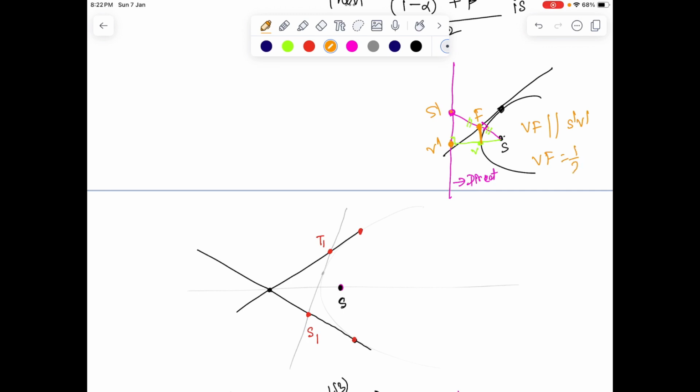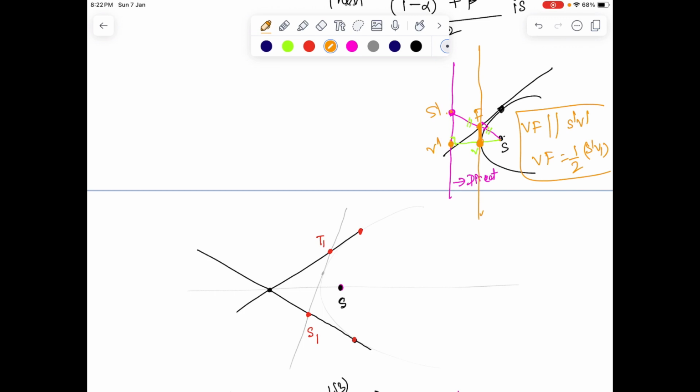And not only this, VF will also be half of S dash B dash from Thales theorem or the midpoint theorem. So that shows these two lines are parallel. Now there is a line passing through the vertex and parallel to the directrix, and that's nothing but the tangent at the vertex. So that proves the foot of perpendicular is definitely lying on the tangent at the vertex.